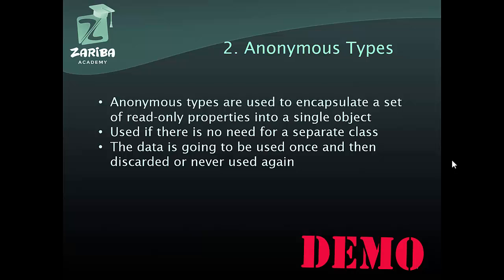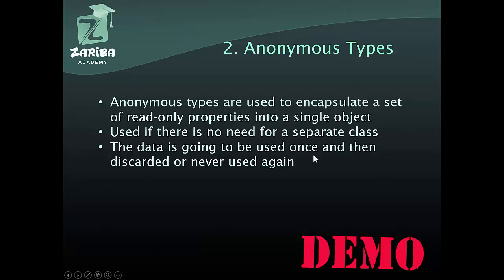So it's a bit stupid to have a separate class for it, type all of the properties, constructors, and so on, so that you can create it once and never use it again. So this comes in handy there, where you can just create it on the spot, and it's just going to serve the purpose of storing data.